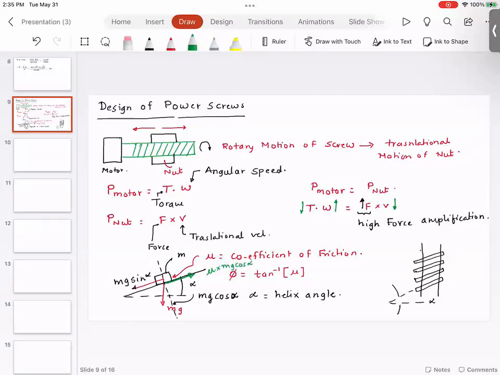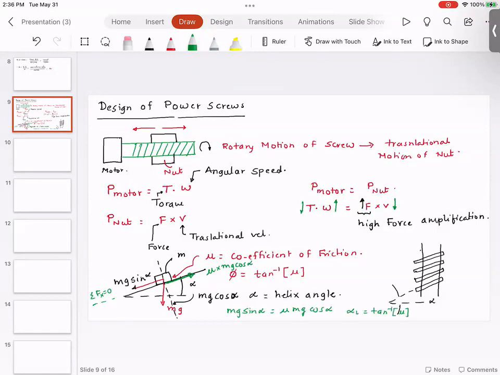And if I equate the forces in the horizontal direction, so forces in the x direction, summation of forces in the x direction is equal to 0. I get an equation mg sine alpha is equal to mu times mg cosine alpha, and this limiting alpha is nothing but tan inverse of mu.